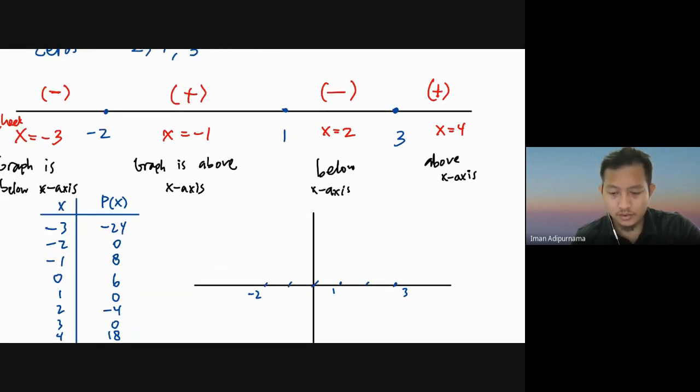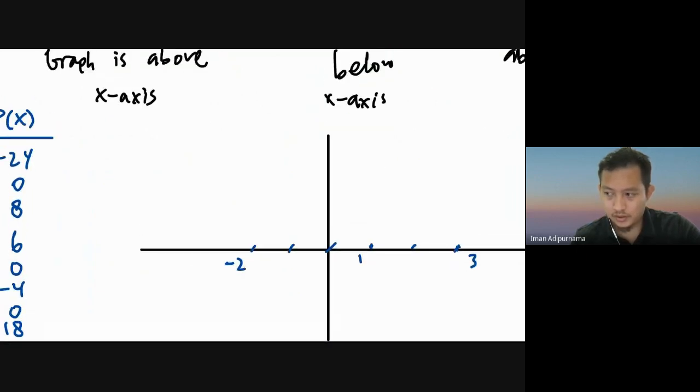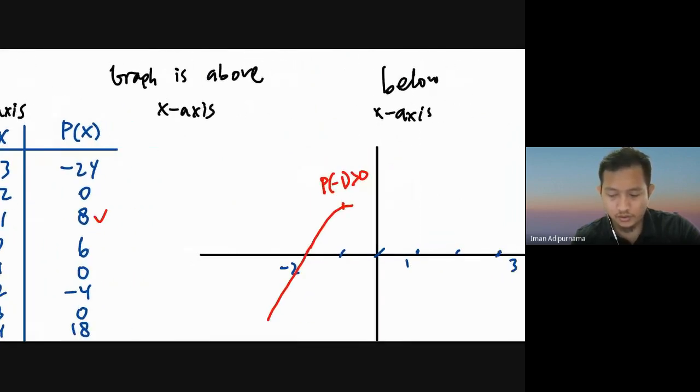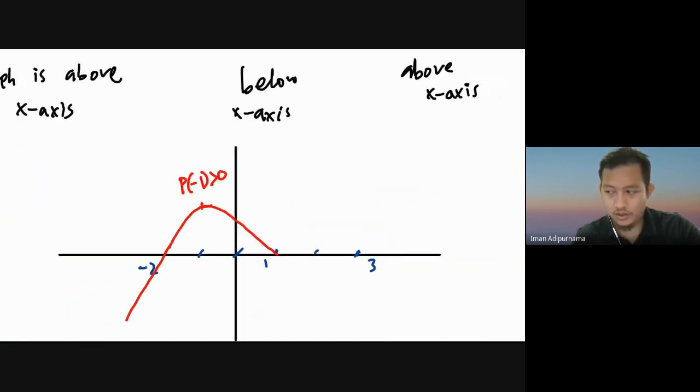So less than -2, it's negative, right? So we can draw that it goes under here. This is for p -1, it's greater than 0, right? This one. And then it's going all the way down here. And it's crossing the 1. And then it's probably going here.